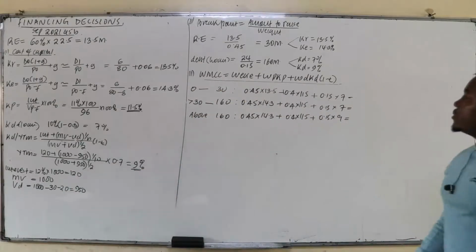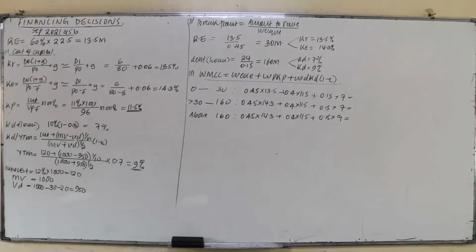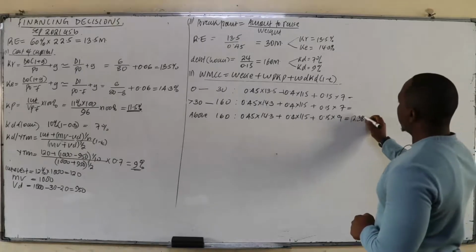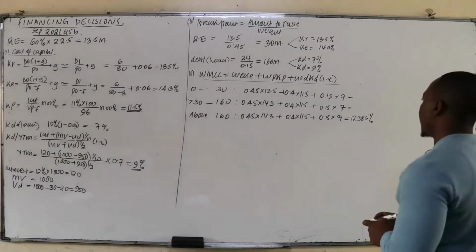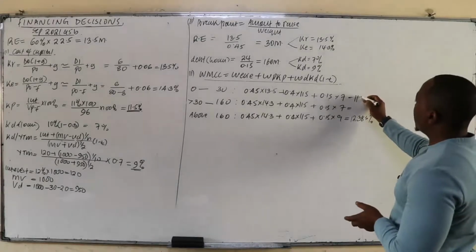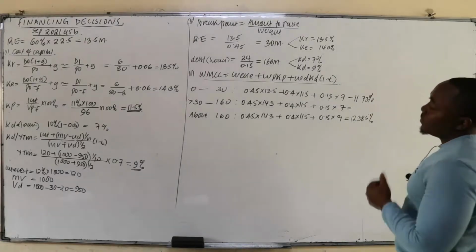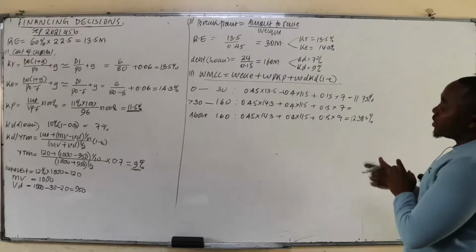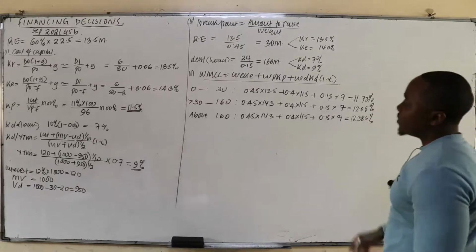So give me that. 12.385%. Yes. 11.73%. Good. So you can copy now.